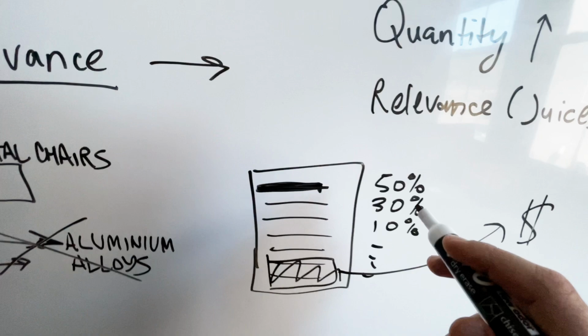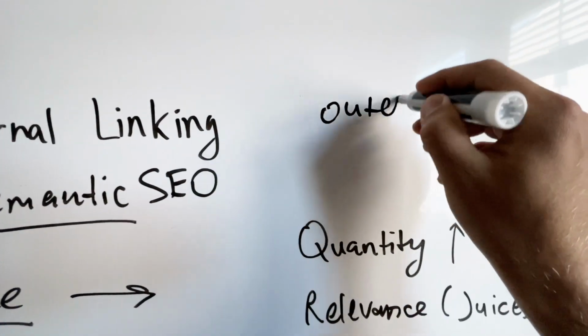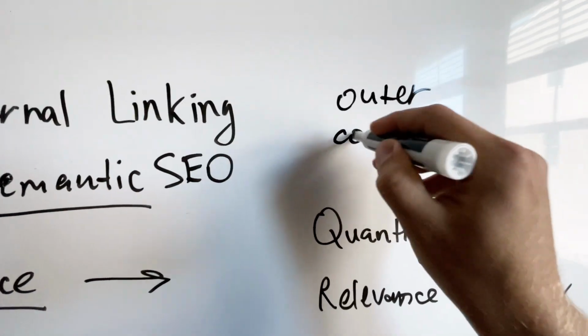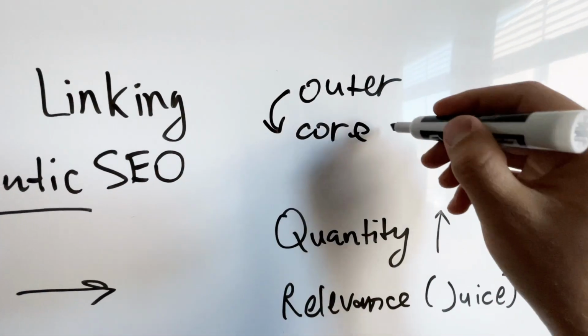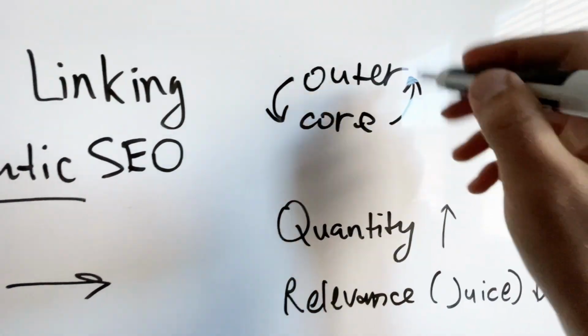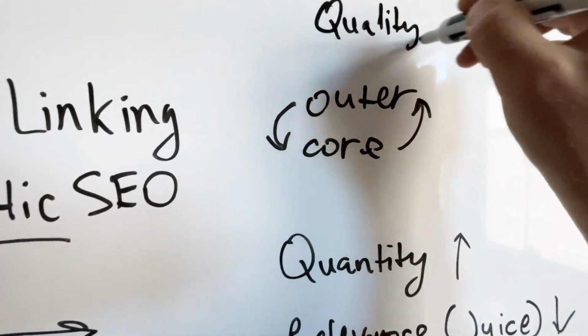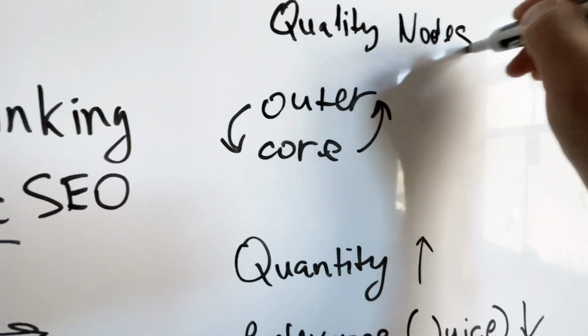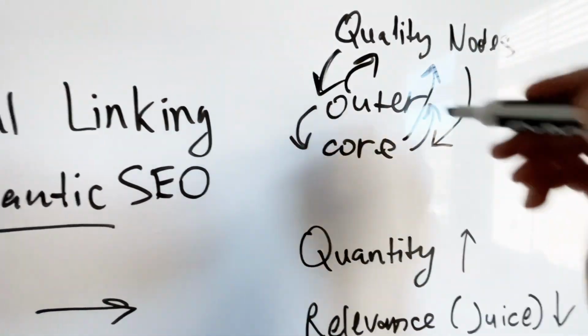And I can go ahead and talk about outer section and core section and how you interlink them. Should you interlink from core to outer, and when to do it, and then you have quality nodes that can go here and interlink this and this.